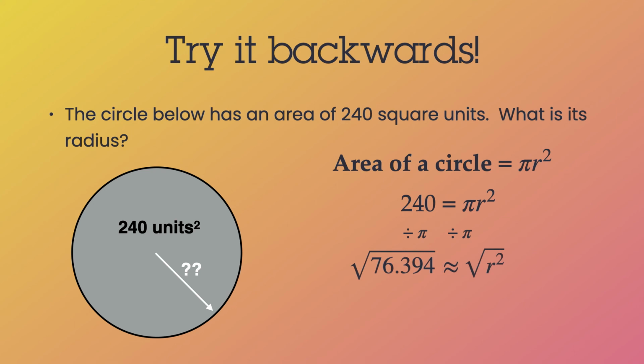So on your calculator, if it already has the 76 and all those decimal numbers, all you should have to do is hit that square root button, and it should give you 8.34 and then 0.4. I've rounded it here. For our final answer then, we will round this to the nearest tenth. Notice we didn't round from the 76.394. We kept that full, so our 8.3404, that actually represents the full number in the calculator. But for our final answer, we'll go ahead and round it to the nearest tenth. 8.3 units is approximately our radius.